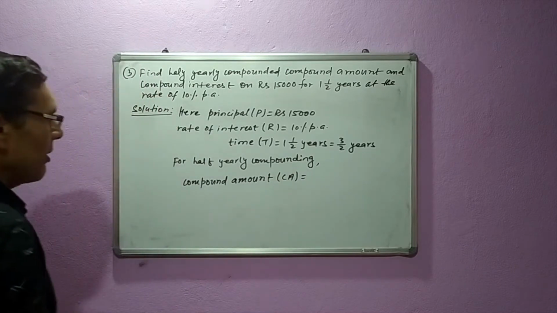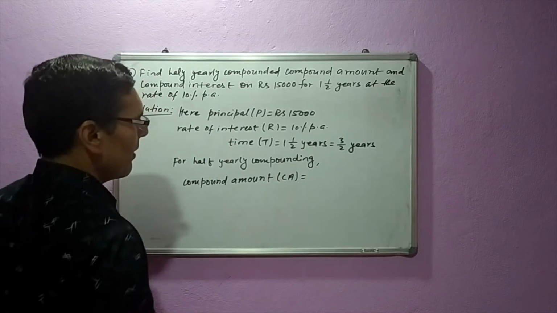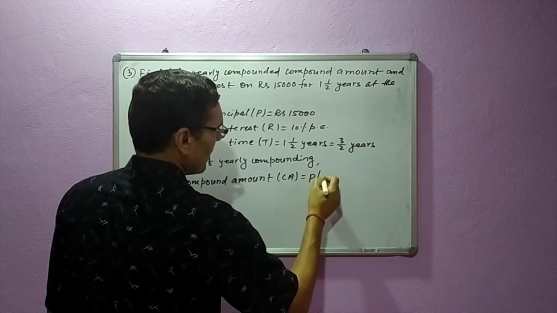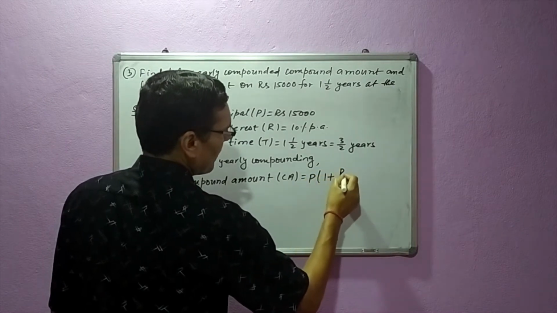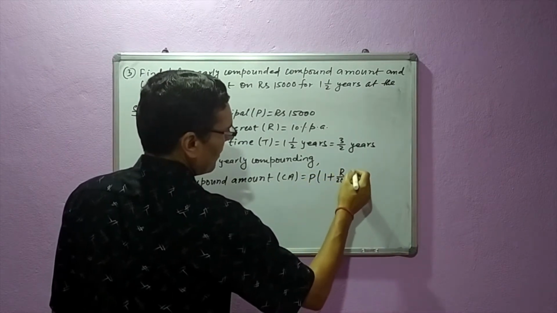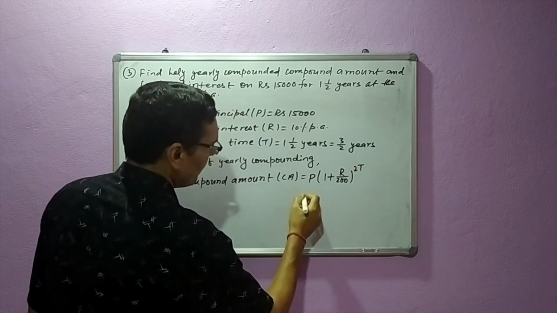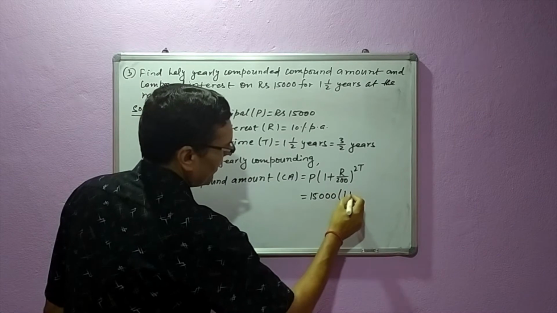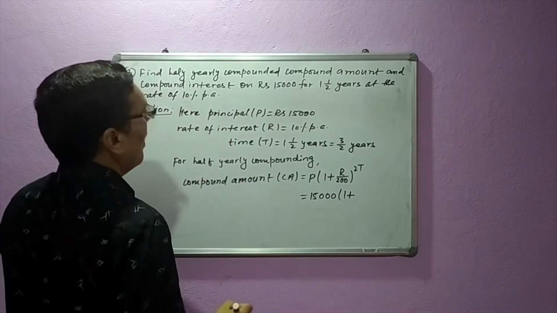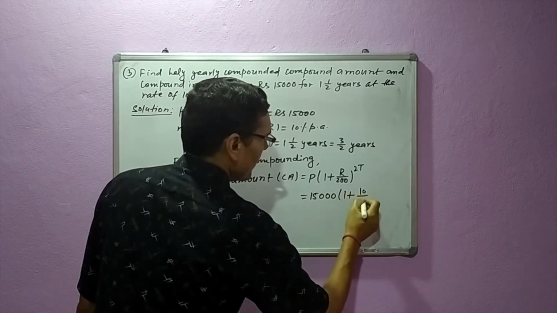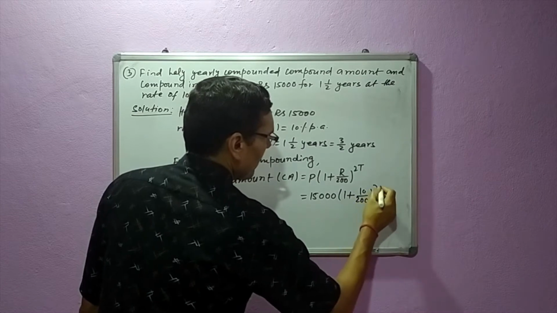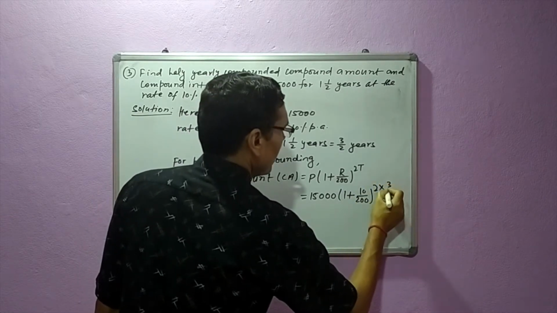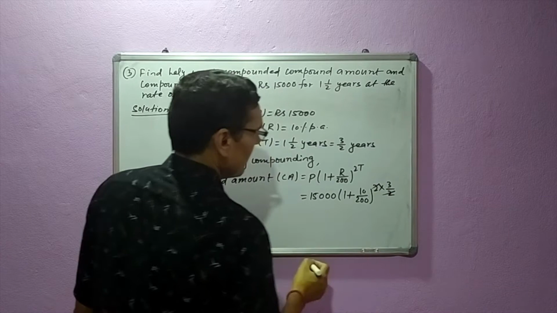The formula to calculate the compound amount for half yearly compounding is P times 1 plus R upon 200 to the power 2T. P is rupees 15,000, 1 plus R is 10 upon 200 to the power 2 into T, which is 3 upon 2. This 2 and 2 cancel.